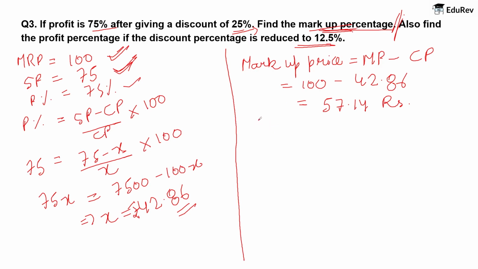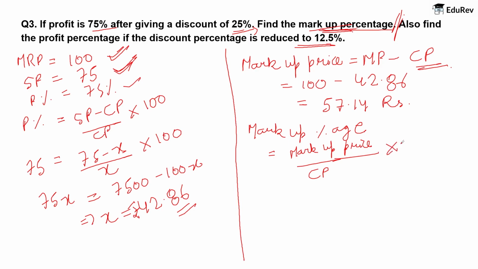So for markup percentage, we calculate the markup always in context with CP. So while calculating the percentage, in the denominator we'll have CP and in the numerator we'll have the markup price, and we'll multiply this thing with 100 to get the percentage.